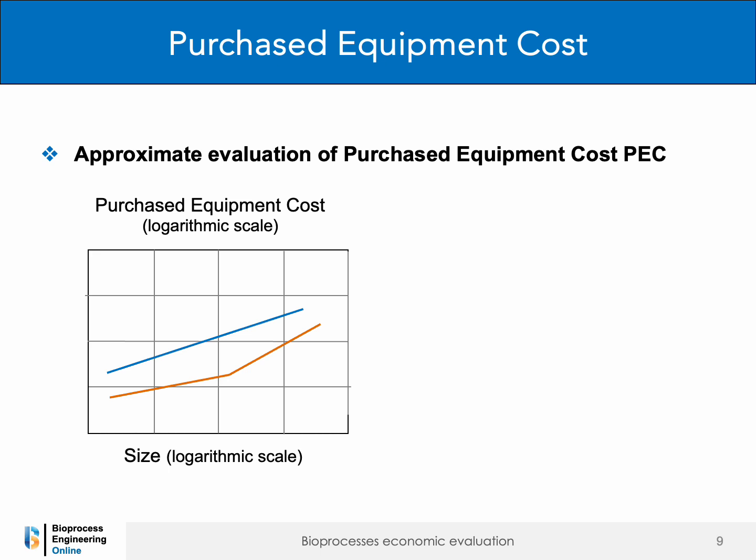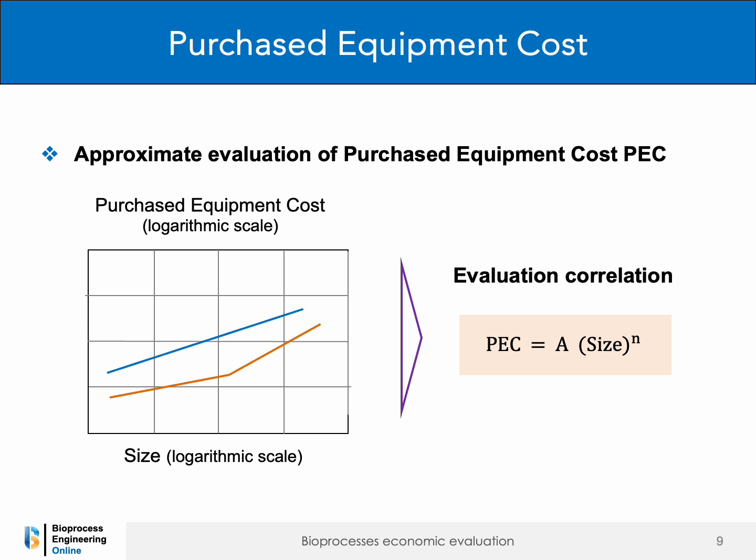These graphs often show a relationship close to a straight line when plotted on a logarithmic scale, or sometimes two segments of straight lines. Consequently, the PEC purchase cost can be approximated as a function of size using the equation PEC equals A, size to the power N, where A is the cost of equipment for a unit size and N is a scale coefficient, which is less than 1.